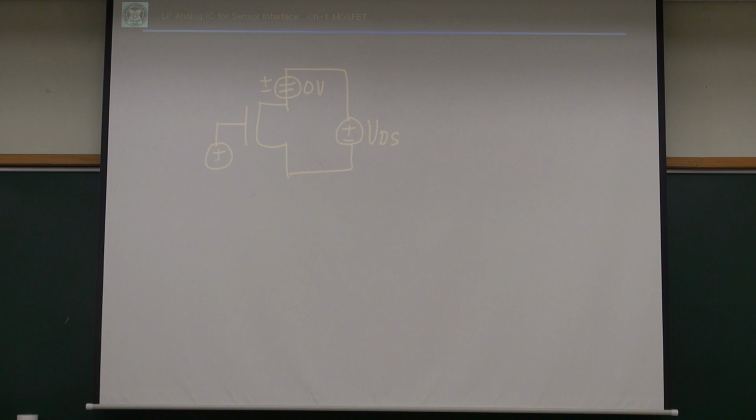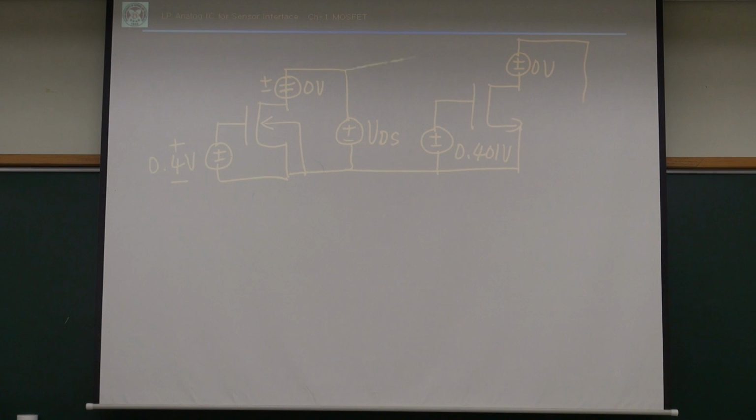So I apply some voltage like 0.4 volt here. And then I have another transistor where the voltage is like 0.401 volt, and then 0 volt for current monitor, and then the same VDS.